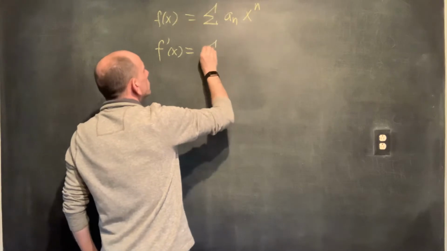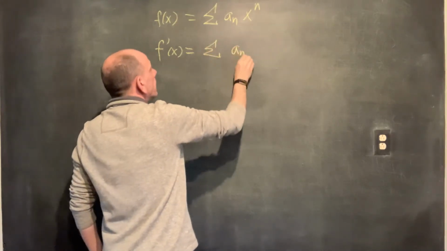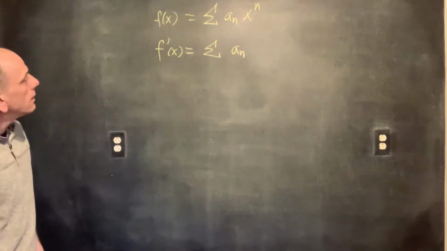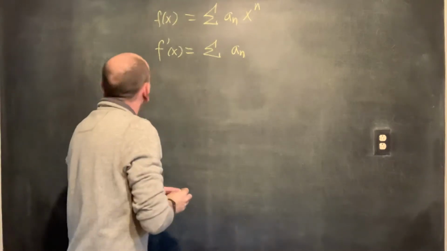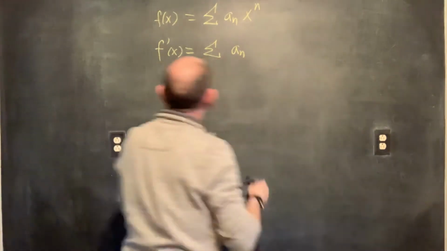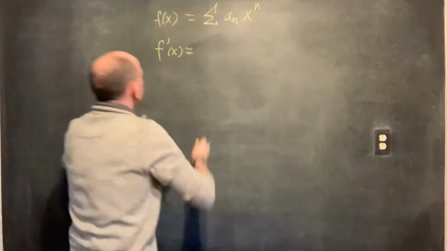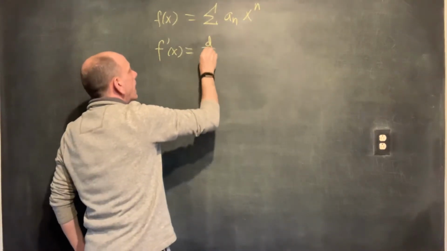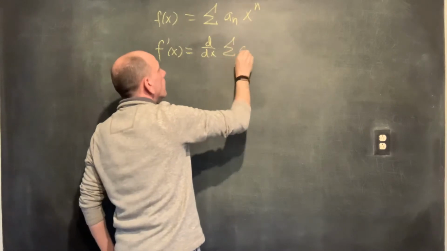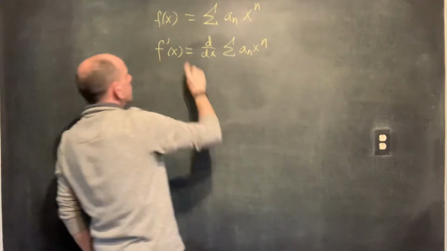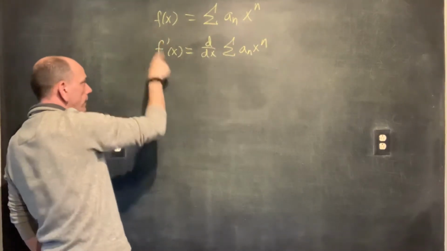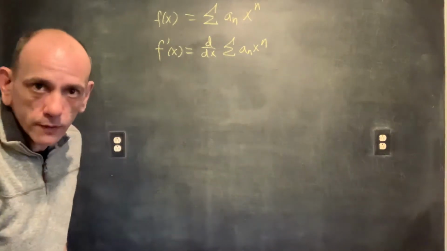So we have the sum, a sub n just sits there. Let's do it step by step just to make it clear. It's the derivative with respect to x of the sum of a sub n x to the n. Right? If these are equal, then if I take the derivative of the left-hand side, that should equal the derivative of the right-hand side.